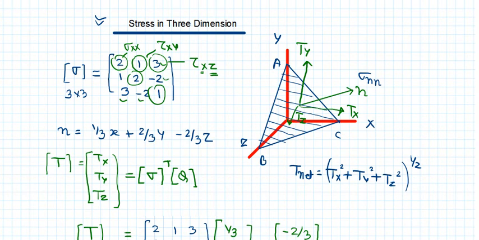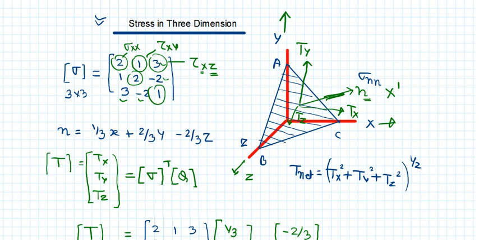Now we wish to find out, let us understand the coordinate system. This is the x coordinate, this is the y coordinate, and this is the z coordinate. And we wish to find out the stress along this direction, and let us say this direction is called n direction or x dash direction, whatever it is.